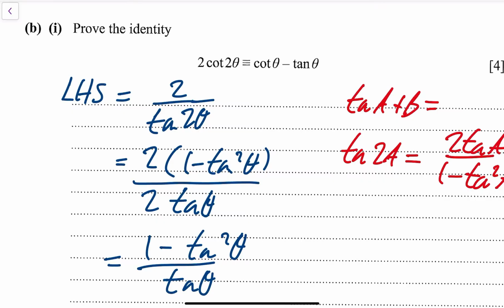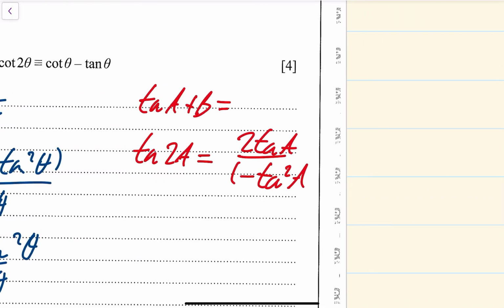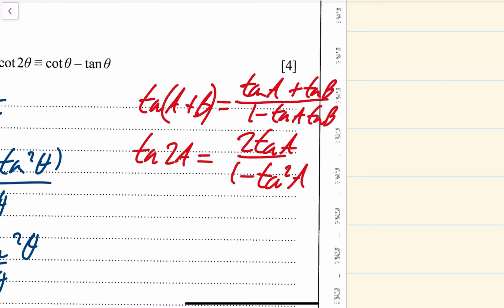So left hand side is 2 cot 2 theta, I'm going to write that as 2 over tan 2 theta. Now tan 2a, and how you can get this from your formula booklet, you're told that tan of a plus b is tan a plus tan b over 1 minus tan a tan b. So if you just let b equal a, then tan of a plus b becomes tan 2a, and you will get this formula.